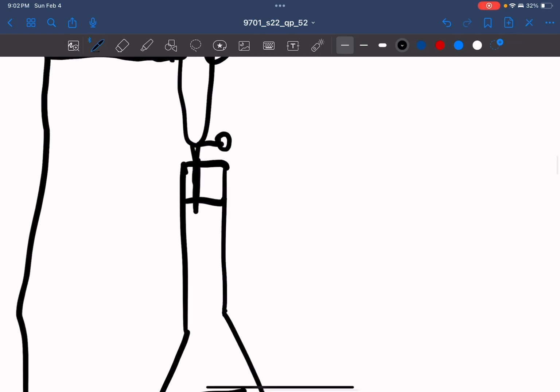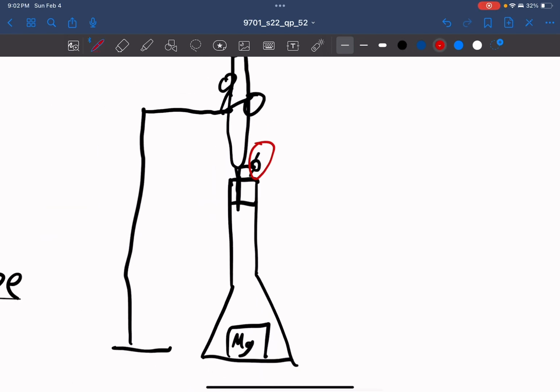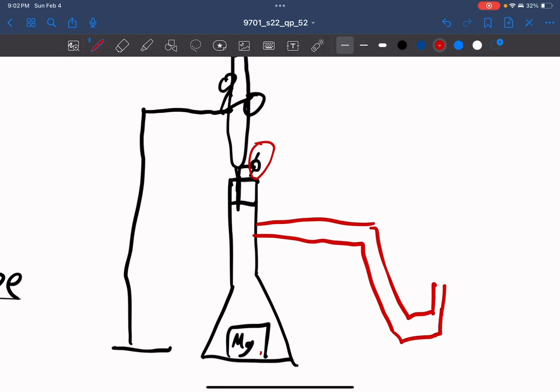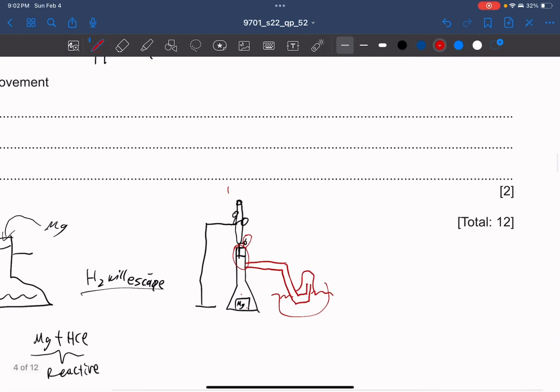So the tip of the burette is actually going to go inside the cork, and then we could just quickly open this, and all the HCl will go in, and then it will be collected in our gas collection method, which we made earlier on. So basically, this is already sealed the moment HCl touches Mg, so we get all of the gas.